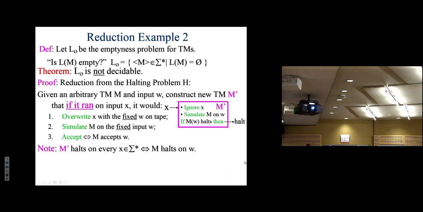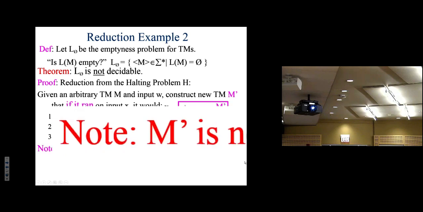And so M prime halts on every input, if and only if M halts on W, because this M prime that I've constructed ignores its own input and internally simulates M on W. So if I had an oracle that could tell me whether the language of a machine is empty or not, I can exploit it in solving the halting problem, with a single subroutine call.